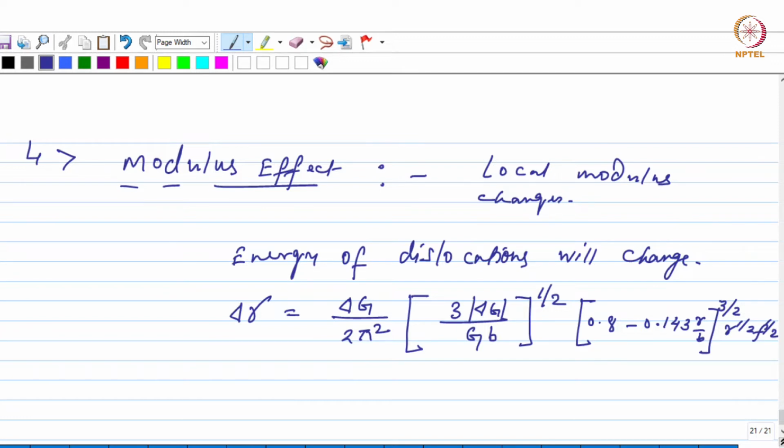The last two terms are square root of r and square root of f. So here delta G is the modulus difference, where G is the shear modulus. And the rest of the things have their usual meanings.